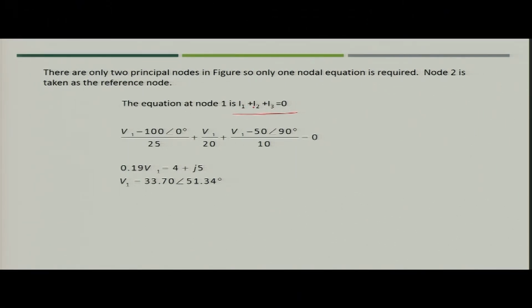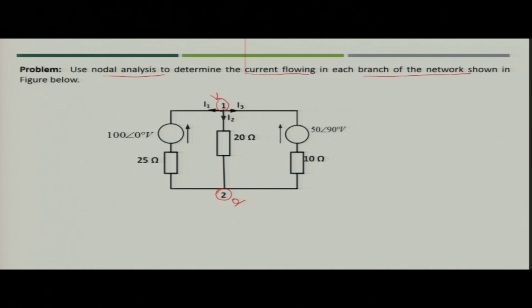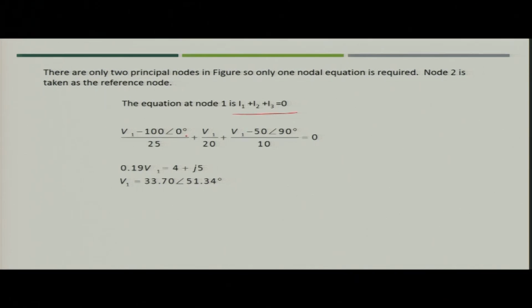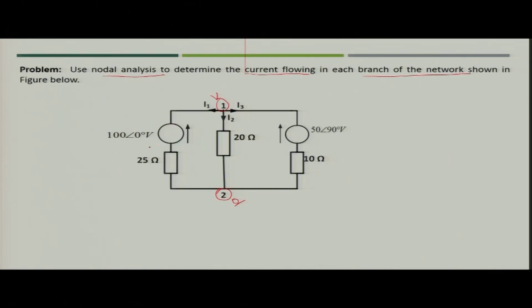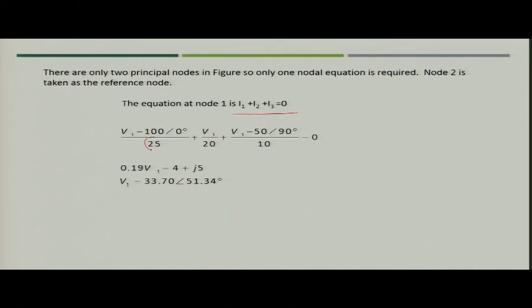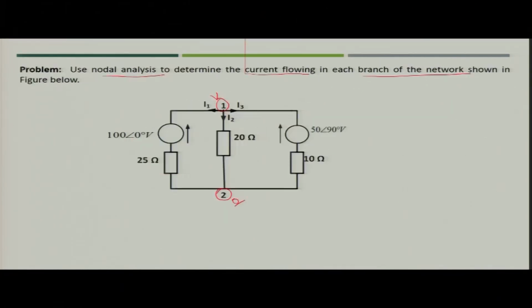What is I1? I1 would be V1 minus 100 angle 0 divided by the 25 ohm resistance. So, you got the value for I1. Similarly, what is I2? You get V1 divided by 20 ohm, because reference voltage is 0.